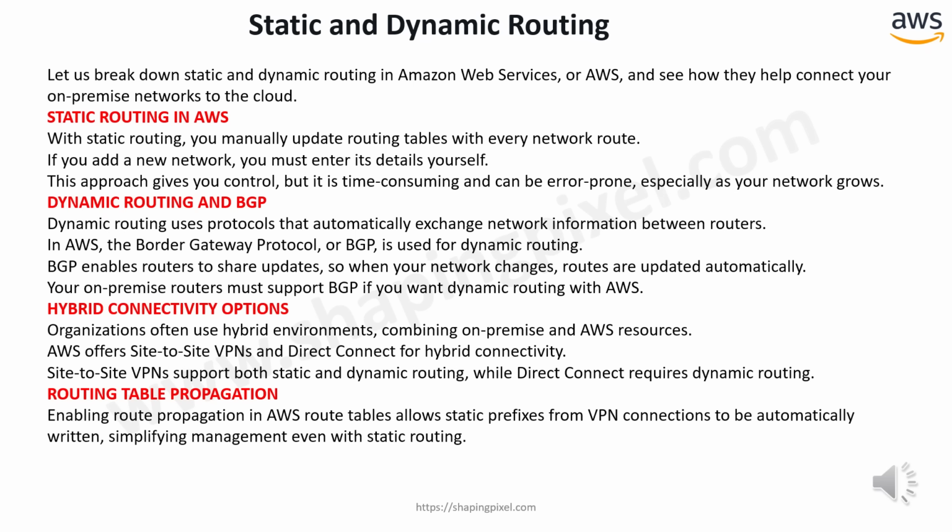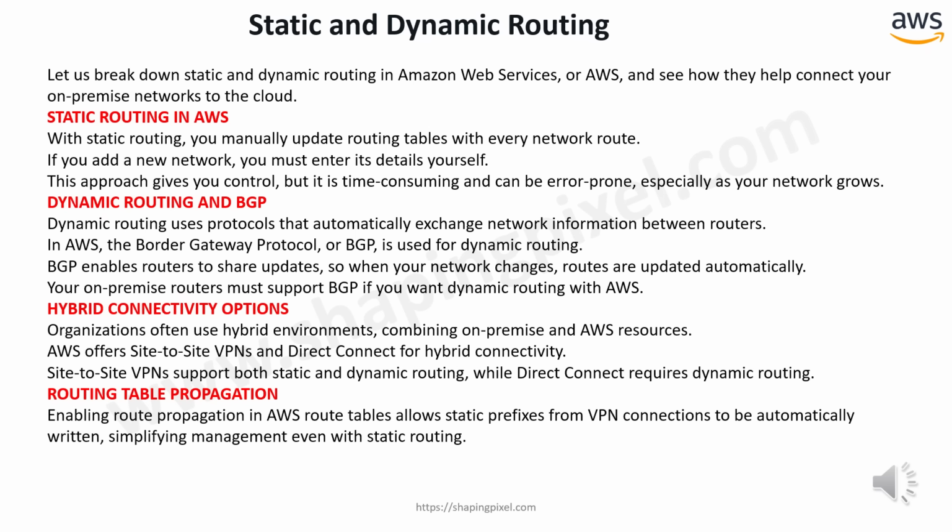Organizations often use hybrid environments, combining on-premise and AWS resources. AWS offers site-to-site VPNs and Direct Connect for hybrid connectivity. Site-to-site VPNs support both static and dynamic routing, while Direct Connect requires dynamic routing.